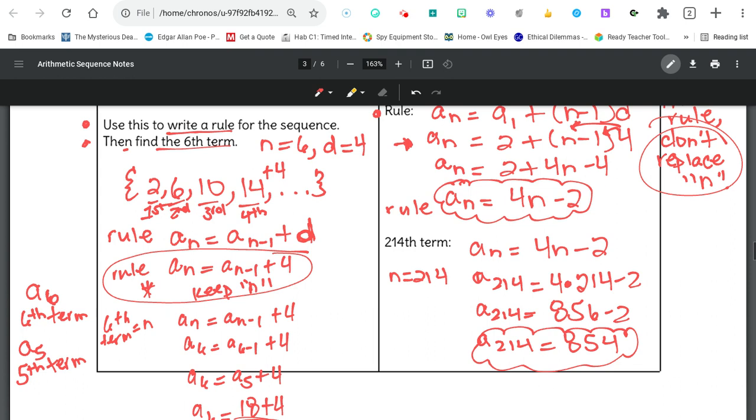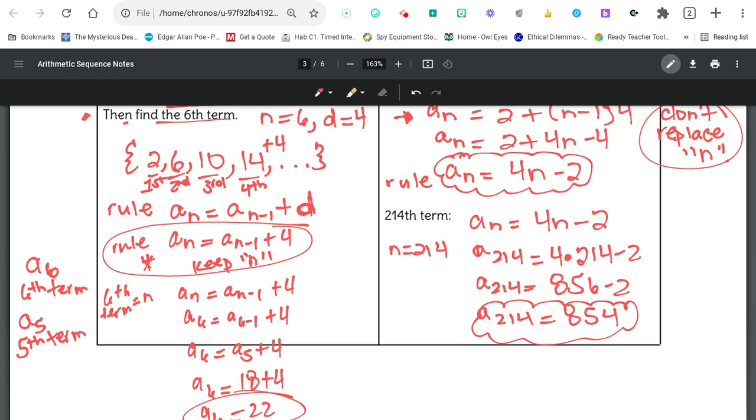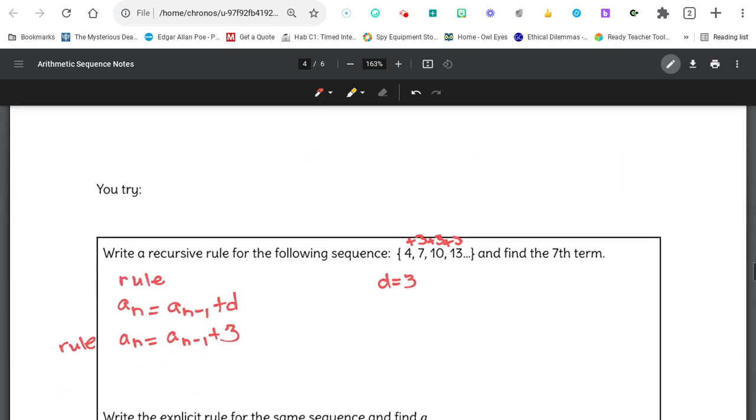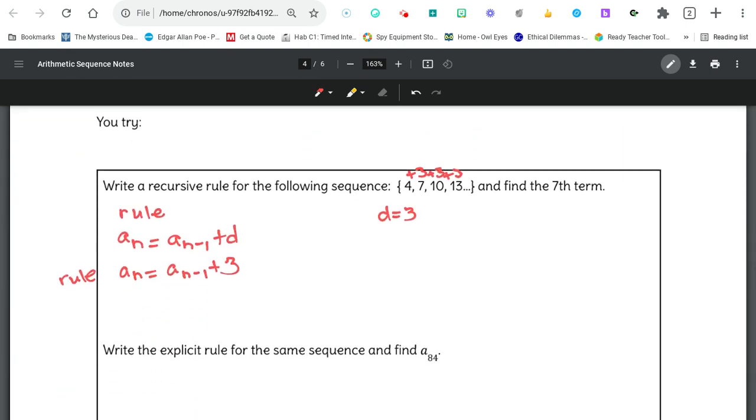Just keep n and only replace n when you get ready to find the term. That way we're doing the same thing on both. So I'm going to stop right here. And then I'm going to find the seventh term.